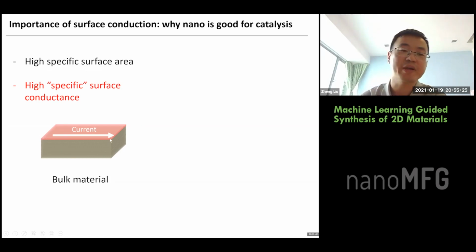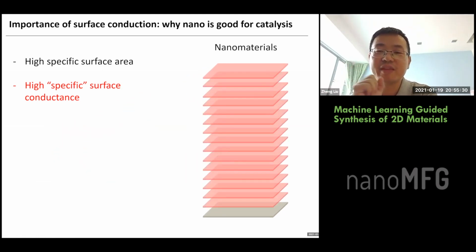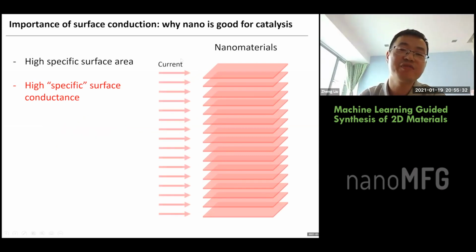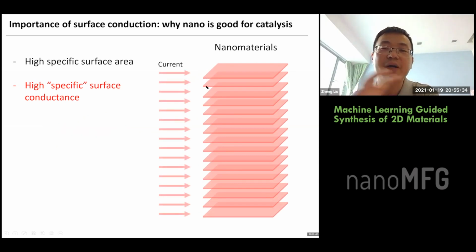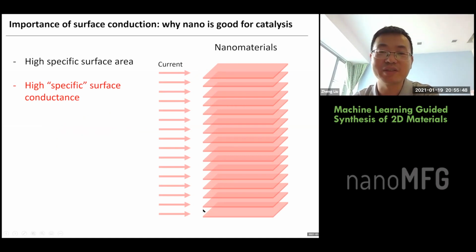However, if we break it into a lot of small pieces, very thin nanomaterials, each flake can carry the same amount of current density. So the overall current density will increase exponentially, by a few orders of magnitude. And this is the reason why 2D, ultrathin or nano semiconductors have really good performance in electrocatalysis.